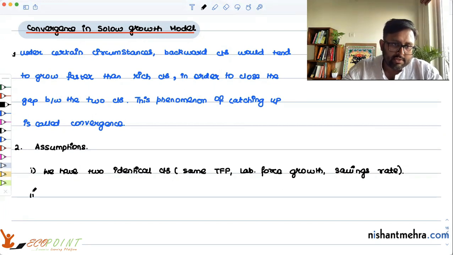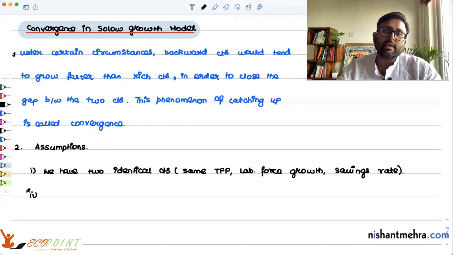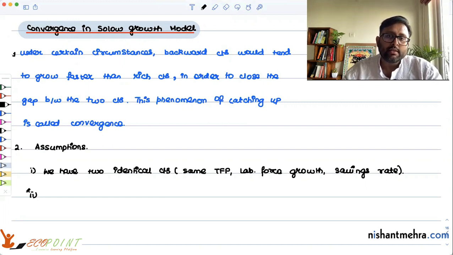And the other assumption is that although they are identical, meaning their growth rates for total factor productivity, labor force, and savings rate are the same, initially one country is starting with a higher capital per labor and hence higher output per labor, and the other country is starting with a lower capital per labor and hence lower output per labor, right?